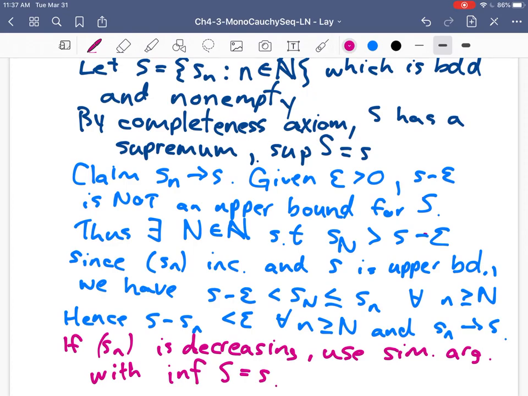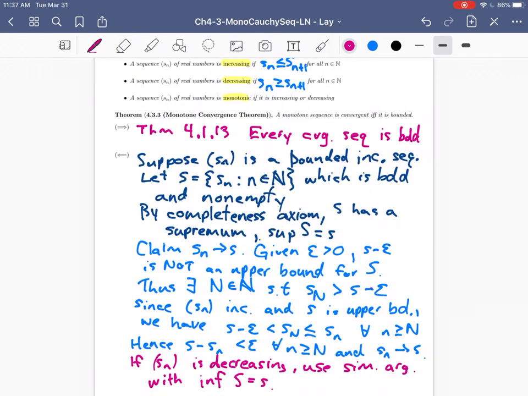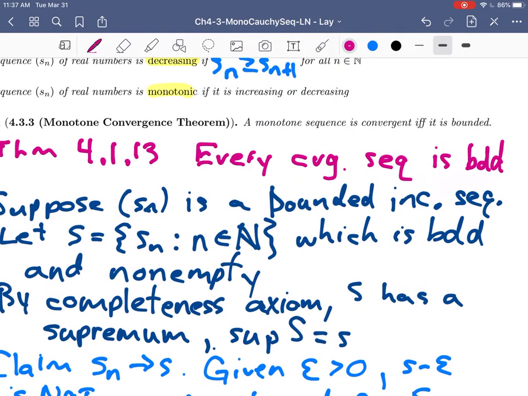And that would prove it, right? So it turns out that every single monotone sequence is convergent if and only if it is bounded. So if you have a monotone sequence and you can say it's bounded, then you know it's convergent. Or if you have a monotone sequence and it's convergent, then you know that it's bounded.